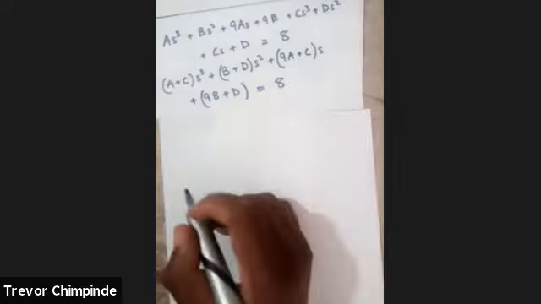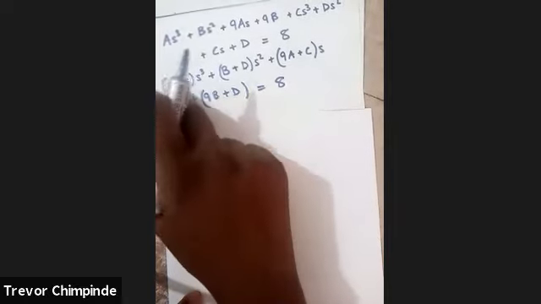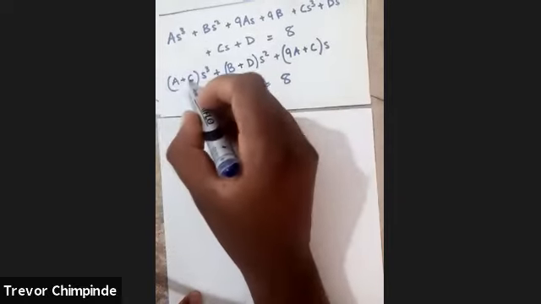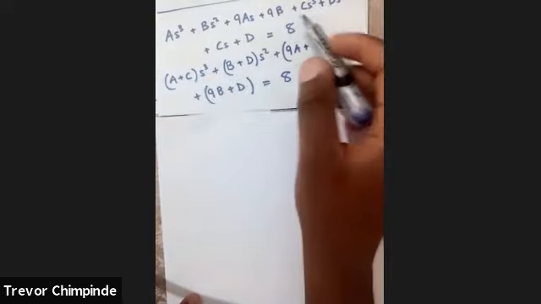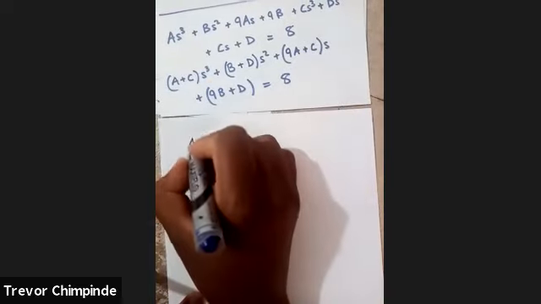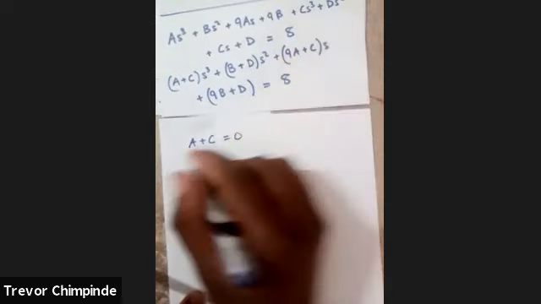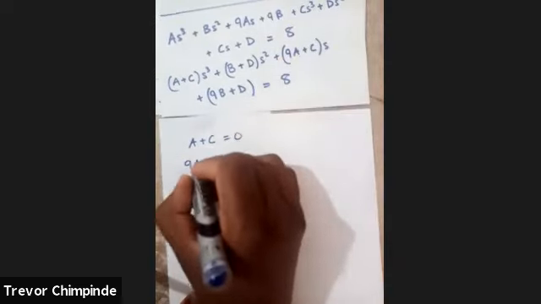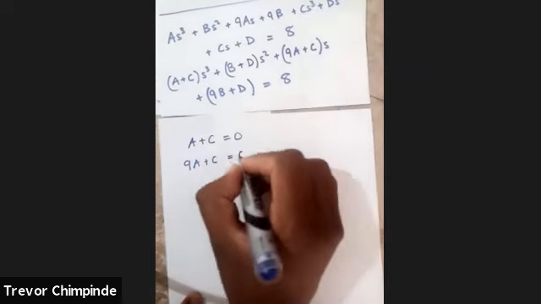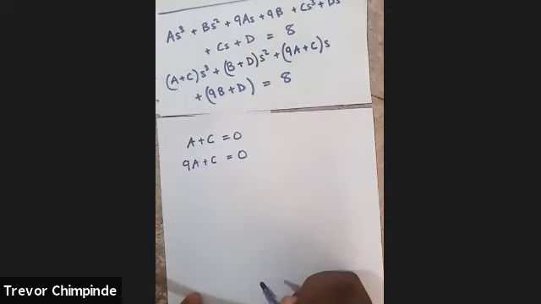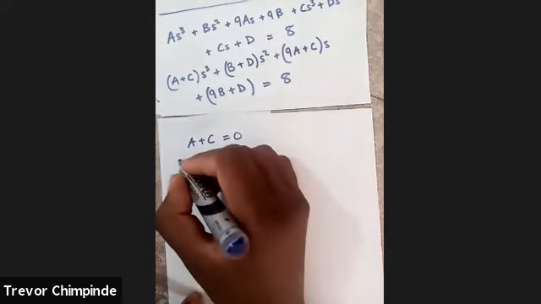So we get our solutions in pairs. We start with the coefficient of s cubed: a plus c on the right hand side is 0. So what you have is that a plus c is equal to 0. And this one is also 0, so 9a plus c is 0. So you can solve this simultaneously. How can we do it?